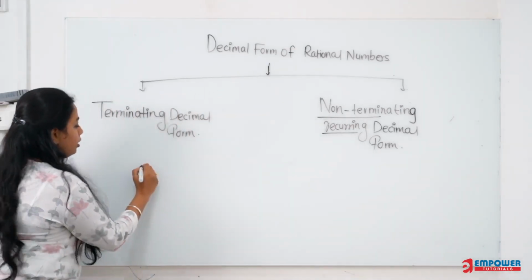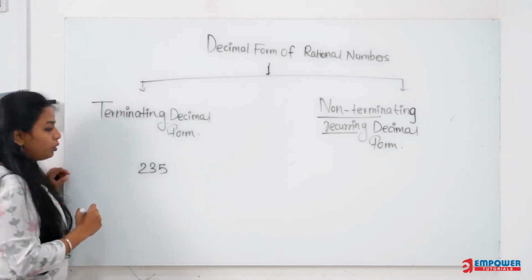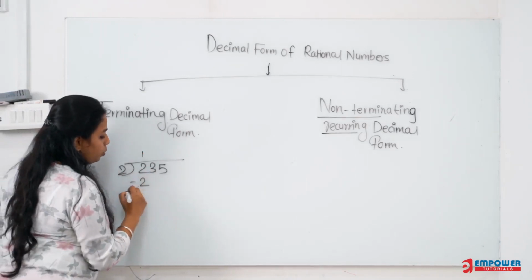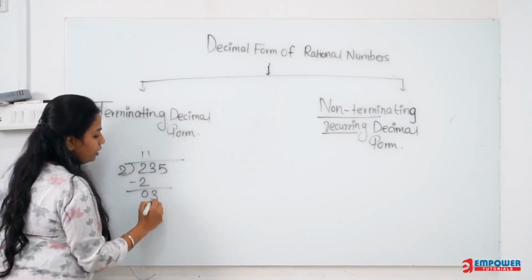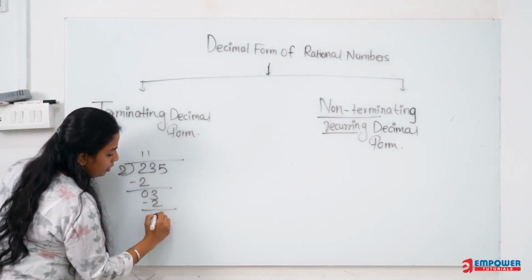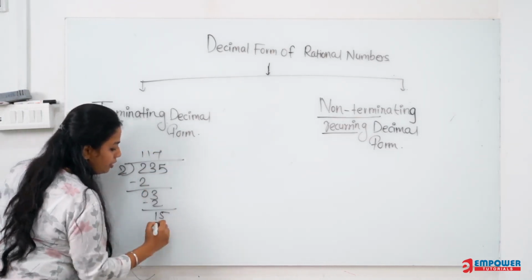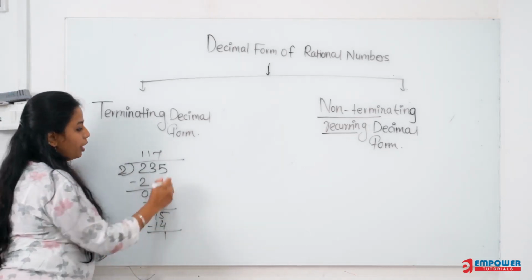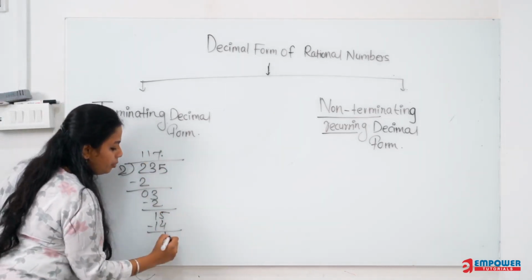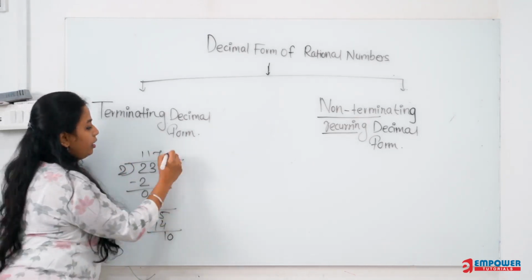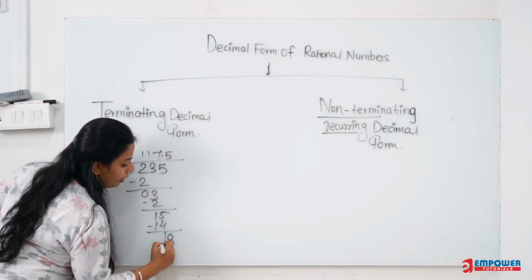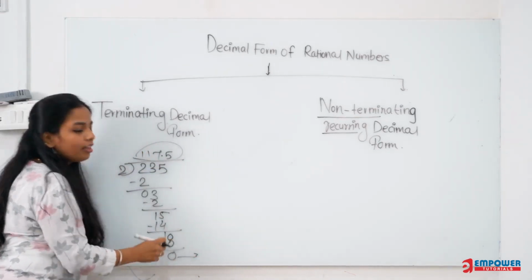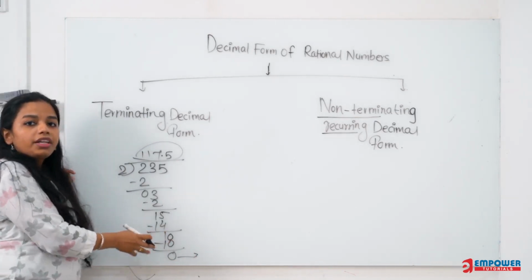For example, in 235, if I try to divide it by 2, it will be 2 ones are 2, then 2 ones are 2 again, then 2 sevens are 14, and here I am getting a remainder of 1. To get a remainder of 0, I will add a decimal point over here, and this will be 10, and 2 fives are 10. So here I am getting the terminating form. At some point I am getting 0 as the remainder.